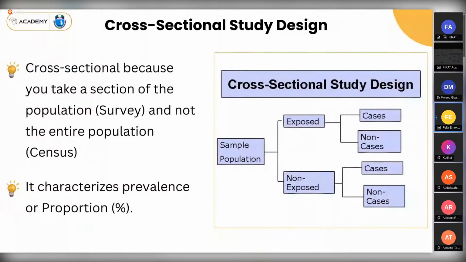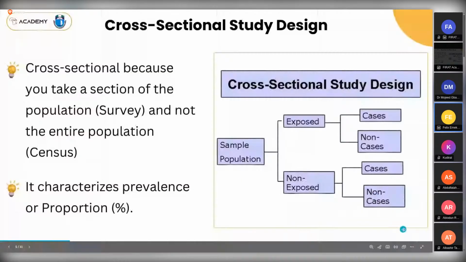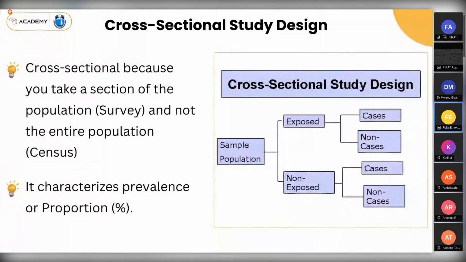So anytime you want to know the number of participants that have an outcome in an exposed population, you know that is a cross-sectional study. Or anytime you want to do a study looking at prevalence of stroke, definitely you'll be looking for prevalence of stroke in a population that is exposed.